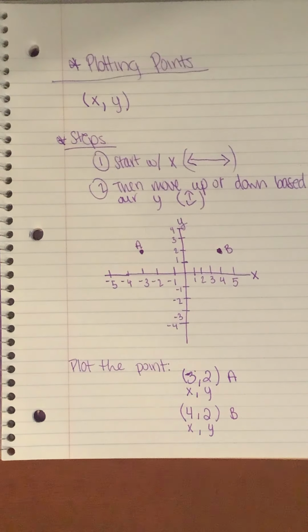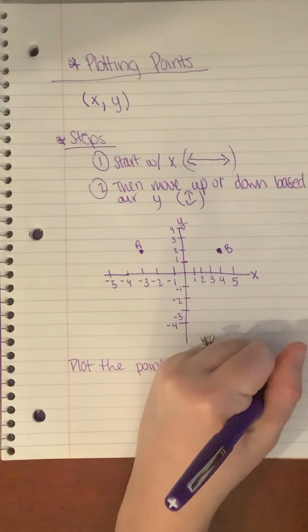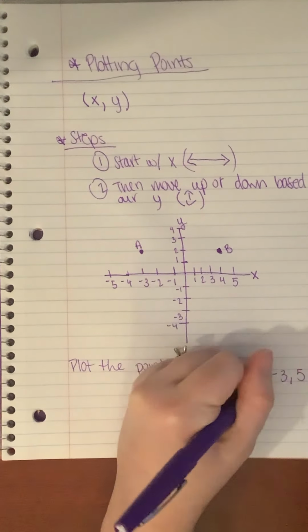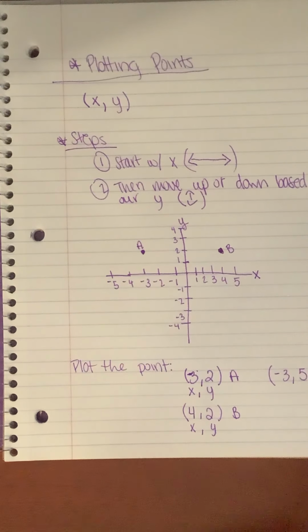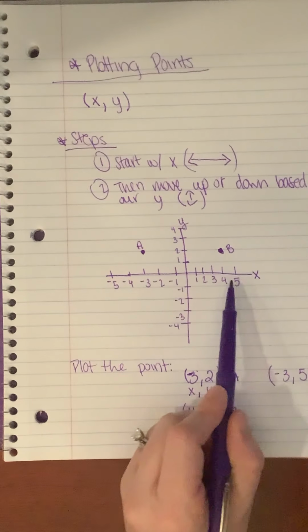All right, last point we're going to plot today. Let's try plotting (-3, 5). And we'll call this point C. So again, I'm going to start with my x-axis.